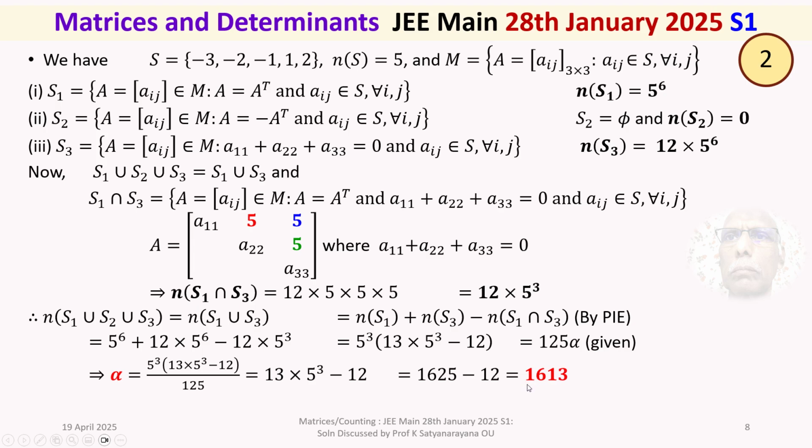That will be 1613. So the value of alpha is 1613. That is the answer to our question. It's a numerical answer type question, therefore you have to fill up the blank. The answer is 1613.